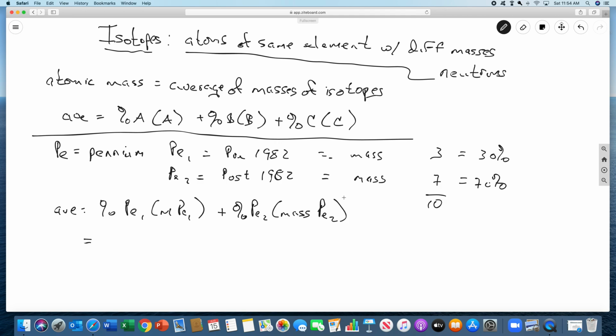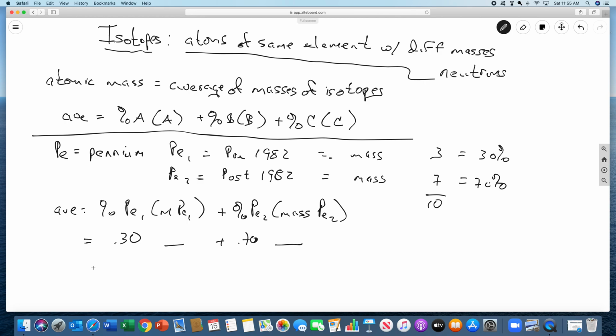And we even have this, the percentages, pennium 1 is 0.30, and you have the mass, and pennium 2 is 0.70, and then you have the mass, right? And so this would be the mass of an average penny. Now again, if you reach into a pile of these pennies, if this pile of 10 pennies, you would never pull out a penny with this mass.